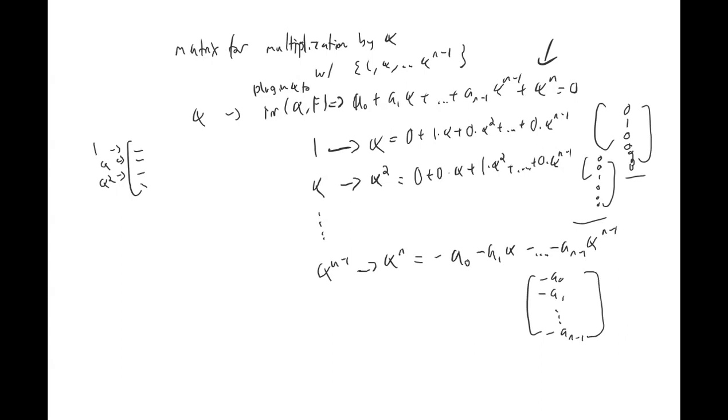And that should be the last column of your matrix. So yeah, this is just linear algebra. And then the other questions are just like 121B questions. It's like asking for min poly and stuff. But at least you know now how to get the matrix.